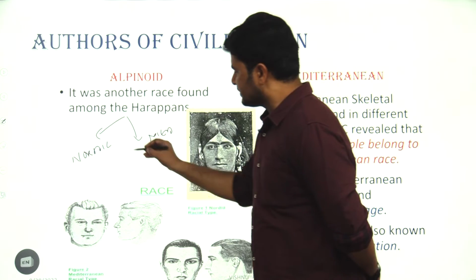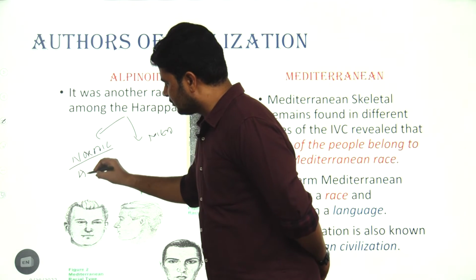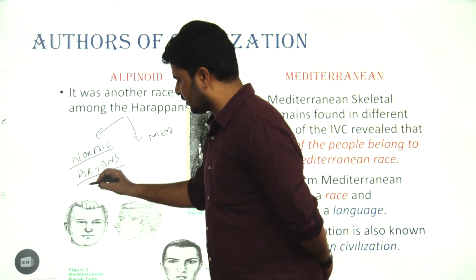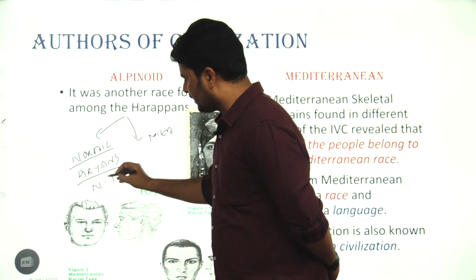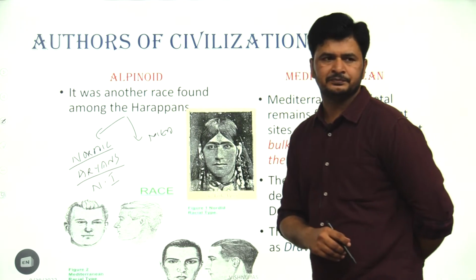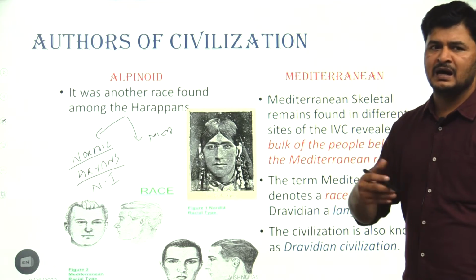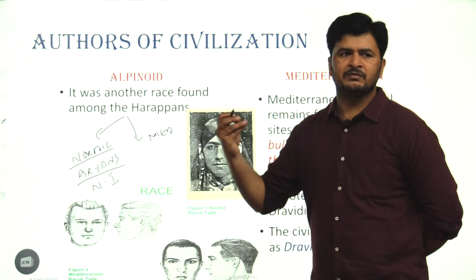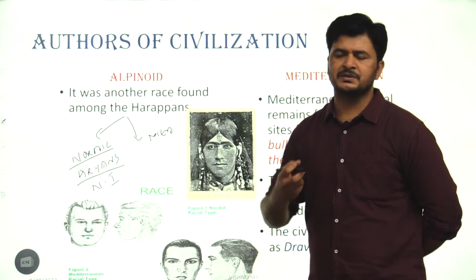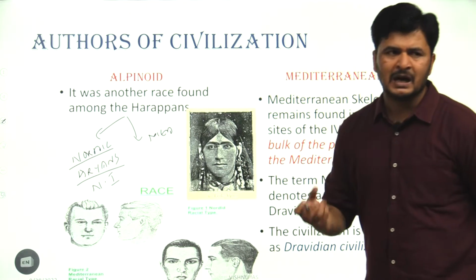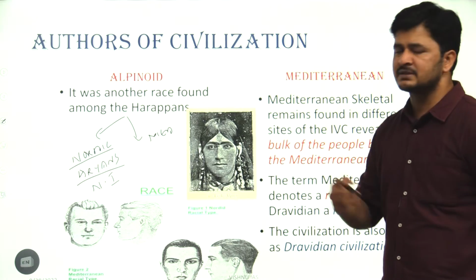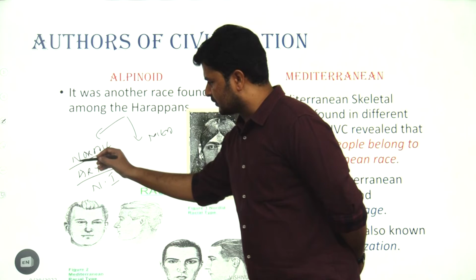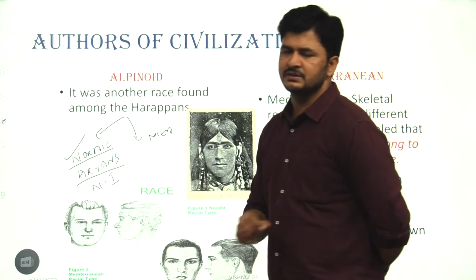When I say Nordic race, Aryans belonged to the Nordic race. The question is, who are Aryans? At present, according to a hypothesis, the people of North India. The people of North India, Aryavarta, the Sanskrit term we find in the Rig Veda, Varta meaning territory, the territory inhabited by Aryans. North India is otherwise called Aryavarta. So Aryans belonged to a race called Nordic race.